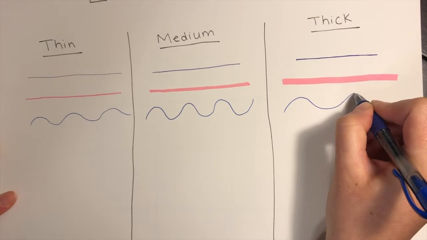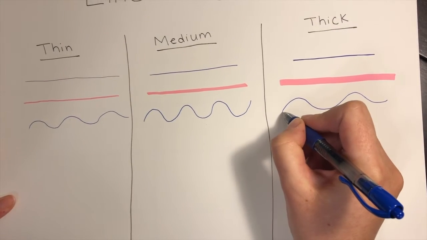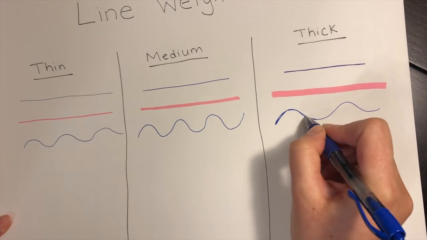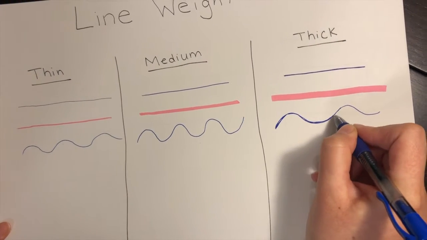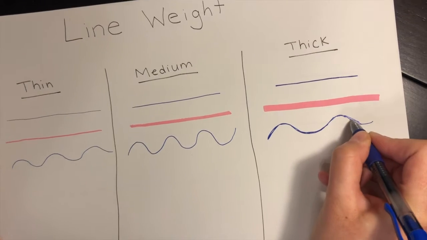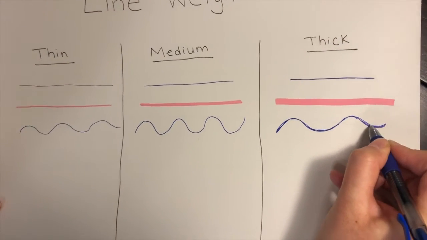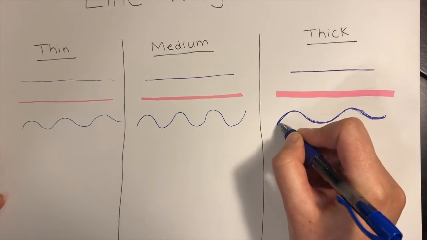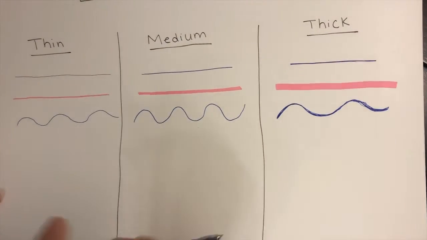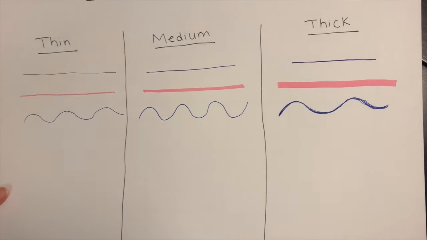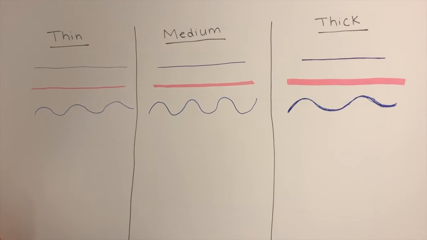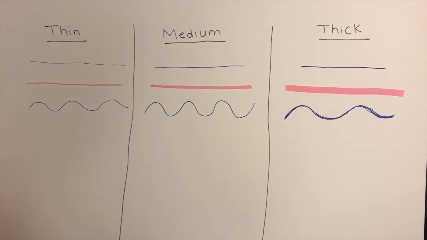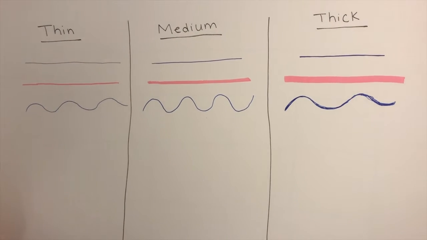And then for the thick line, obviously, I'm going to have to go over it multiple times. It'll be more difficult with this type of pen just to get it to come out nicely. So it's a poor man's example of a thick line with a gel pen. Now, let's keep this in mind as we explore further properties of lines.